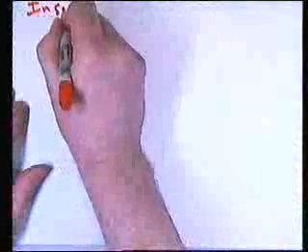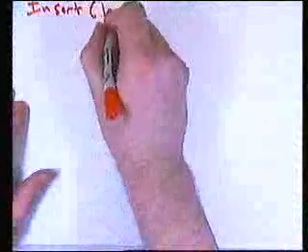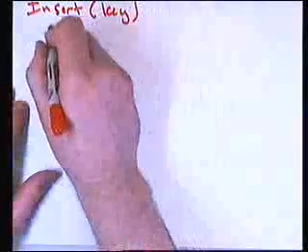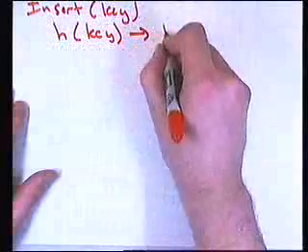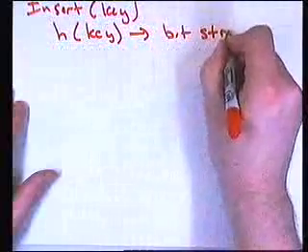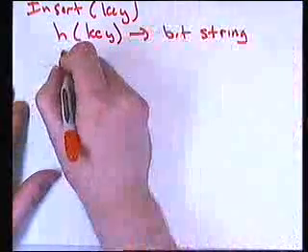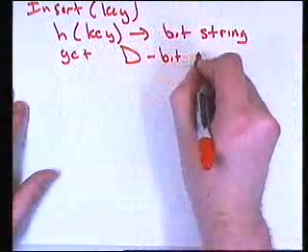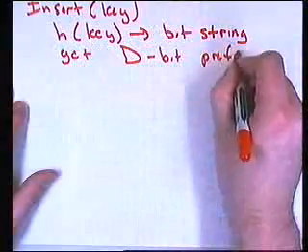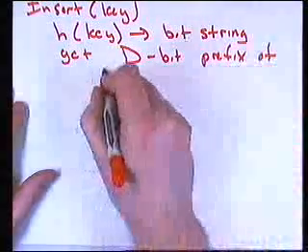So to insert some sort of a key, you hash on the key to get your bit string, and you get the D-bit prefix of the bit string.